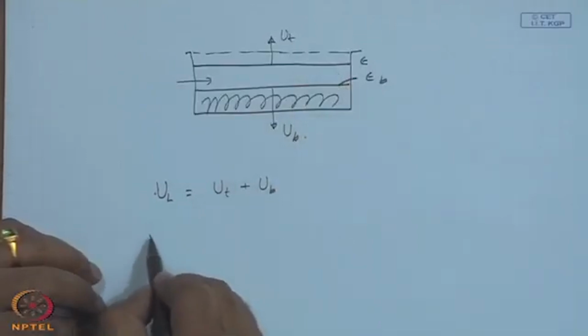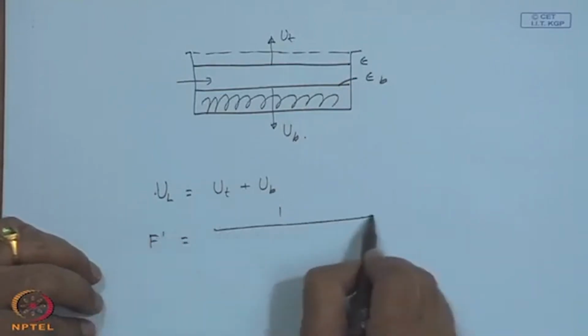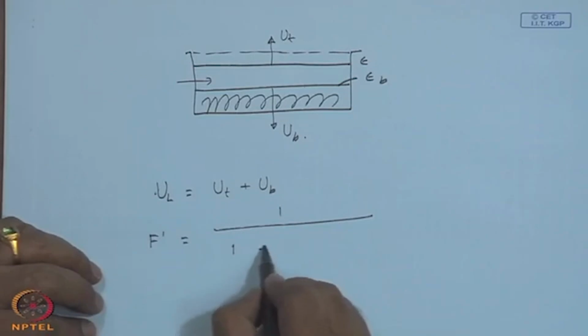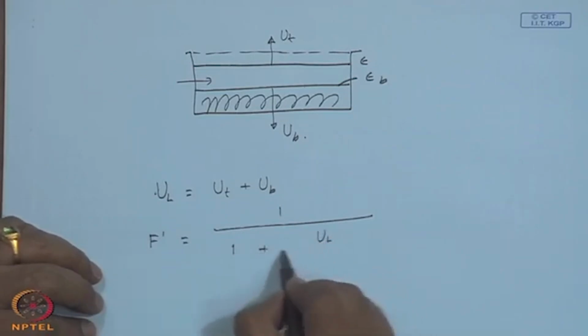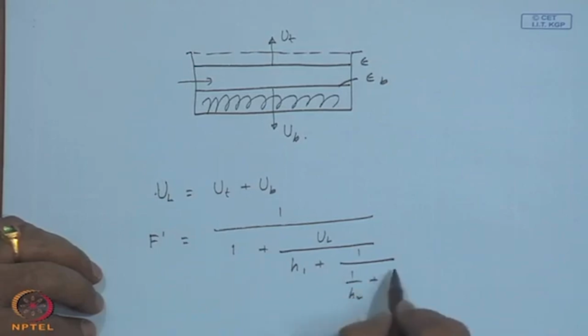Here the collector efficiency factor we have expressed as 1 upon 1 plus U L by H 1 plus 1 upon 1 by H 2 plus 1 by H r.